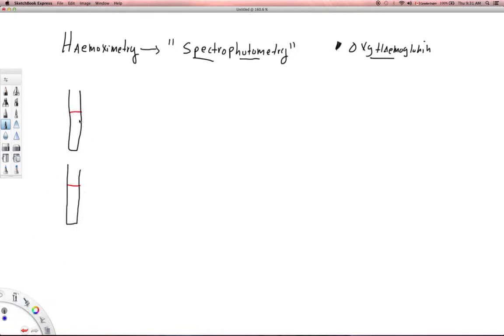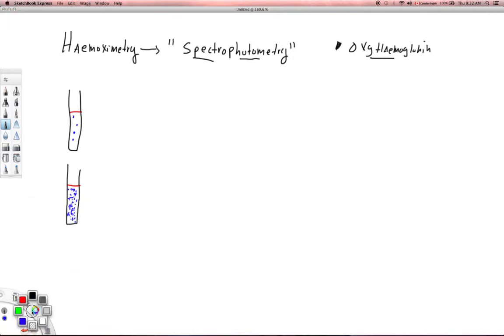But within that blood, let's say that this one up top only has a little bit of oxyhemoglobin, and this one down here has significantly more oxyhemoglobin going on, okay?